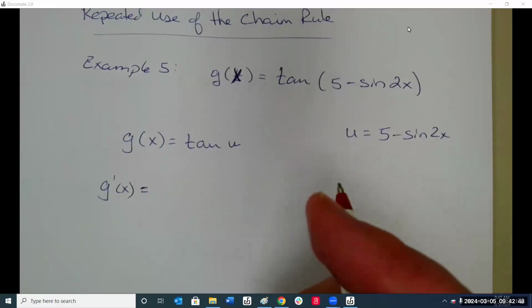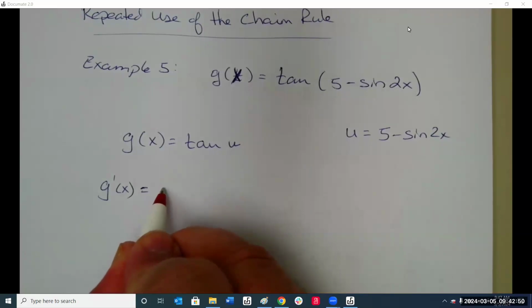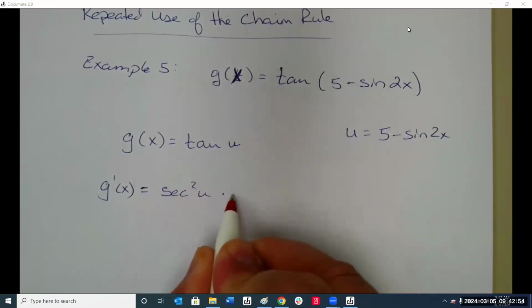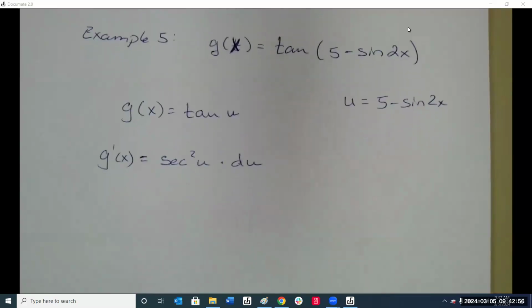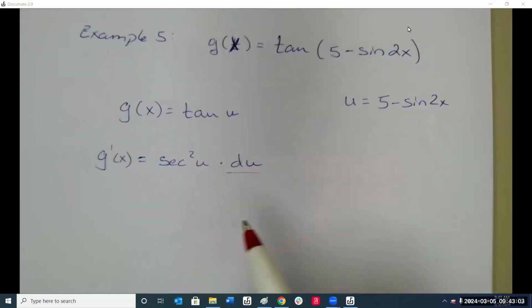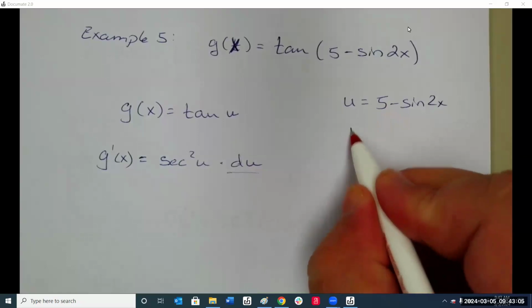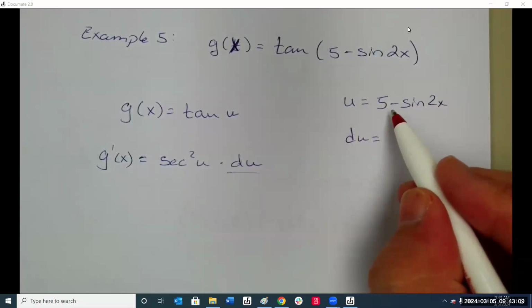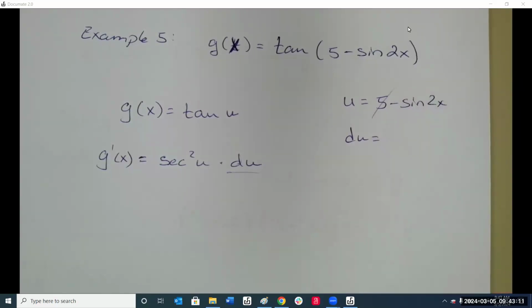Secant squared u, times du. So that's the easy part. Now comes the hard part because we have to do it again. The derivative of u, derivative of 5 is what? 0. It goes away.